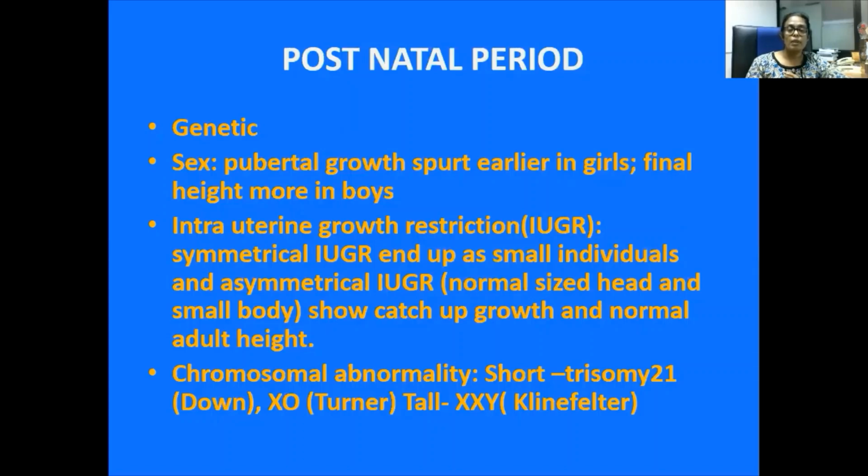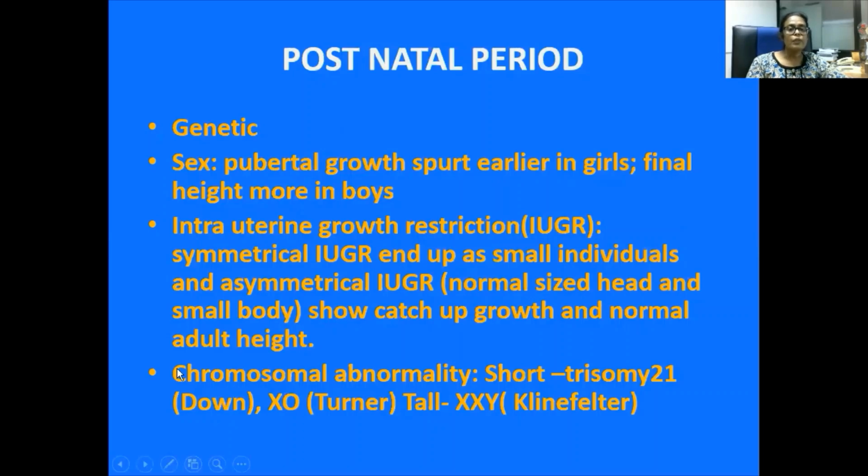The body's other organs are compromised so that the head can grow. That is asymmetrical. When there is an asymmetrical growth restriction, the outcome is good because the body shows catch-up growth later on, and the adult potential is reached. Whereas with symmetrical growth retardation, they end up as small individuals.